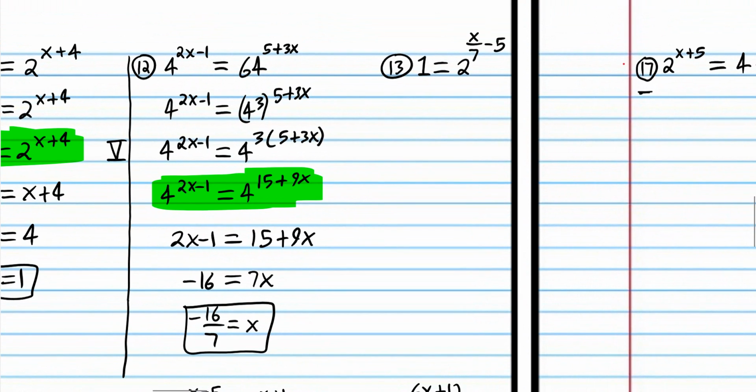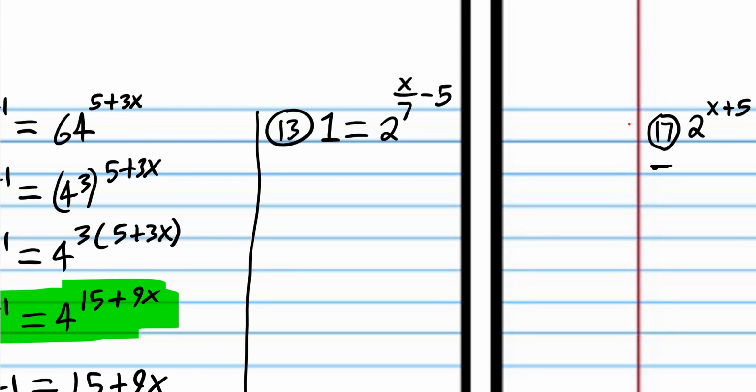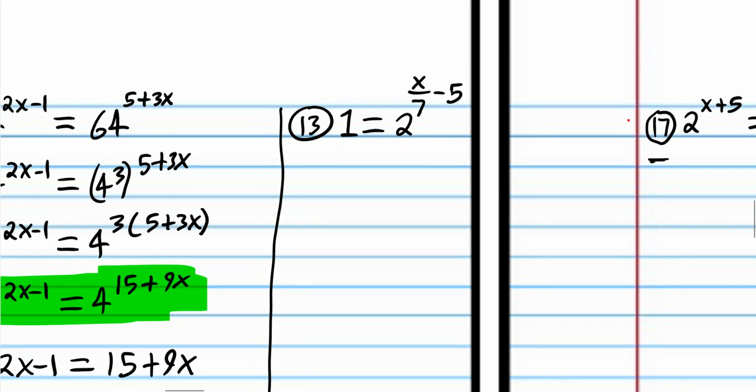Okay, let's try number 13. One more before you try one on your own. So it's pretty obvious, if you think about it, that this exponent here has to be 0, because if you raise something to a power and it simplifies to 1, the power has to be 0. So what we could do is just jump right down to 0 equals x over 7 minus 5.